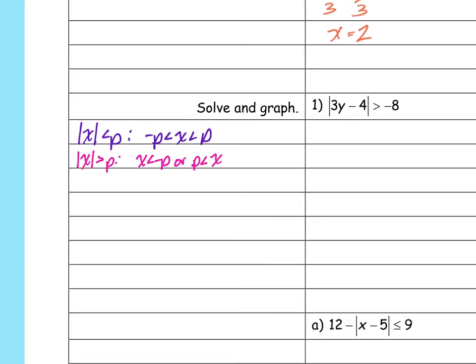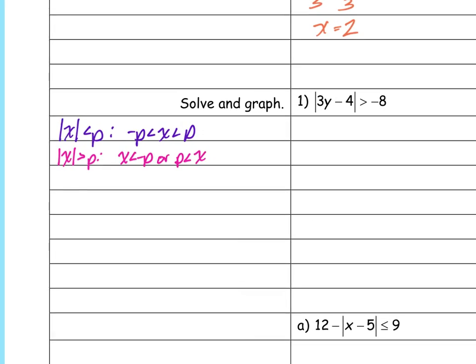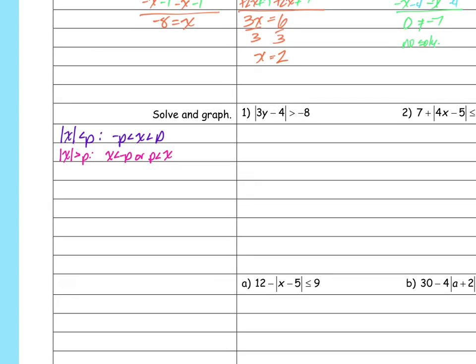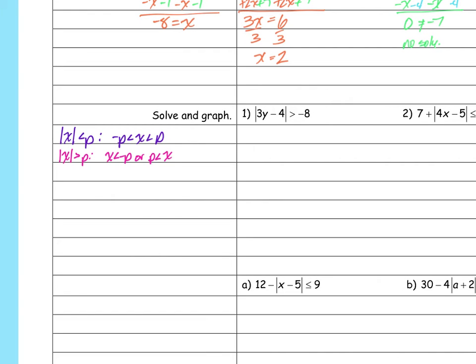So if I look at number one, number one is a greater than sign, which means I'm going to use these rules. So I'm going to have my two equations.